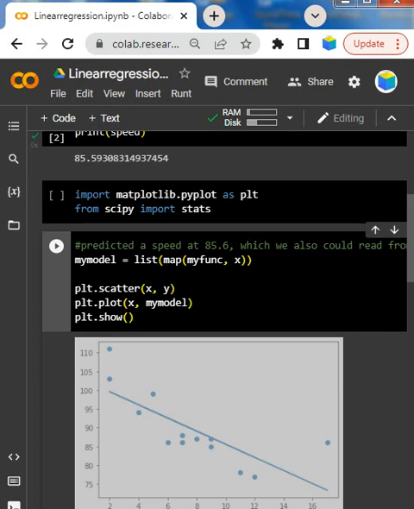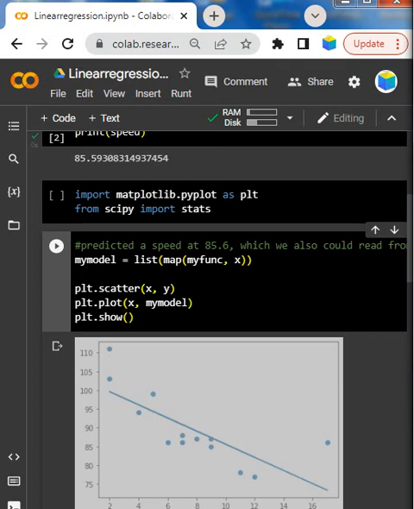All you have to do is feed it with the x and y values. So we can easily find the slope, intercept, r, p which means probability, and standard error. Okay. Similarly, if you want to predict a future value, we can do it.